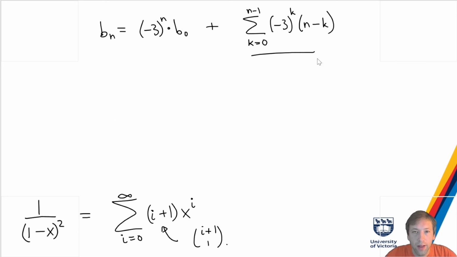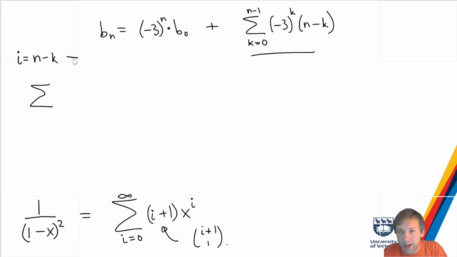The sum up at the top might not look like that right now, but we can do a little substitution to make it look more similar. There are different ways I could do this. The way I'm going to do it is to make a substitution by letting i be equal to n minus k.